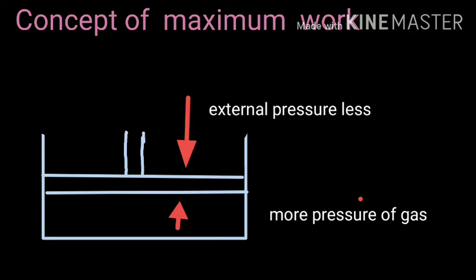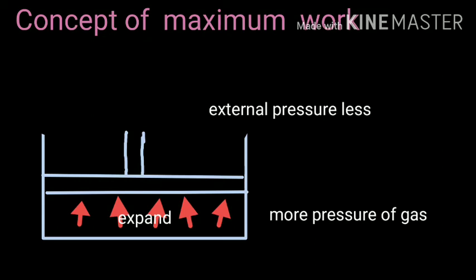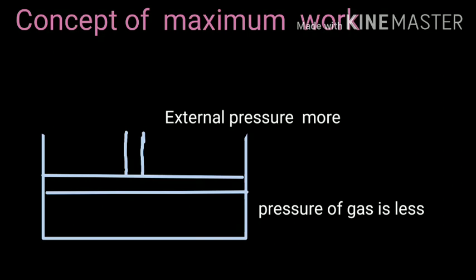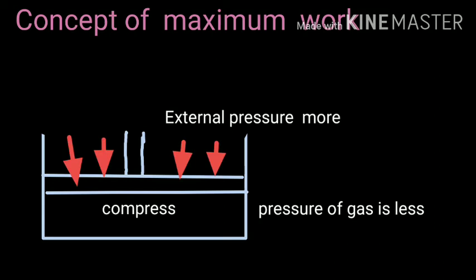When the external pressure is less and the pressure of gas is more, the gas expands, which pushes the piston in upward direction. But when the external pressure is more and the pressure of the gas is less, then the external pressure pushes the piston down, which causes the gas to compress.